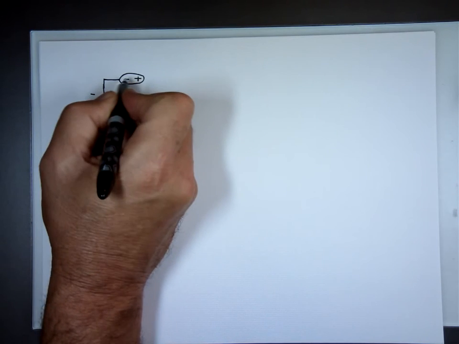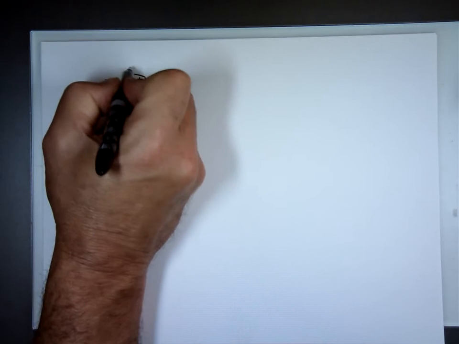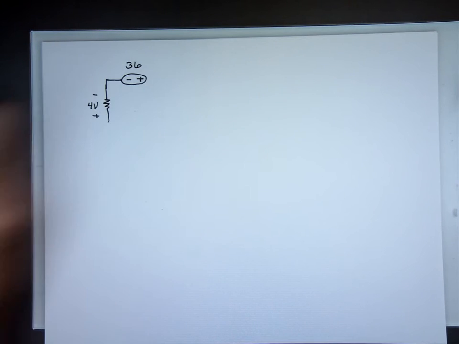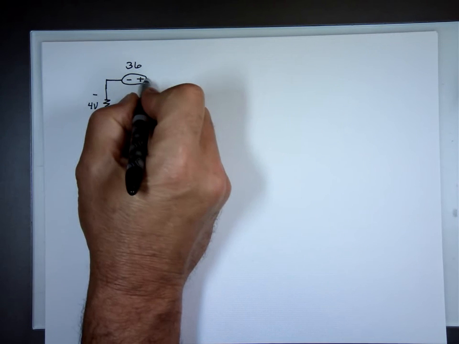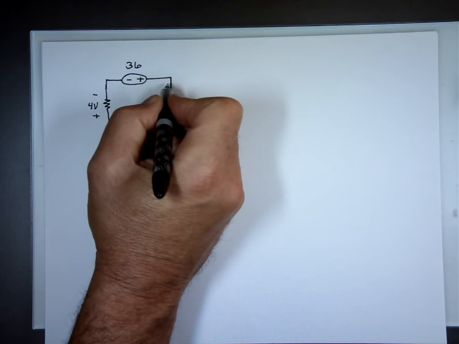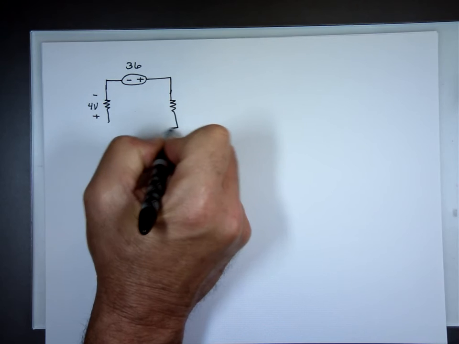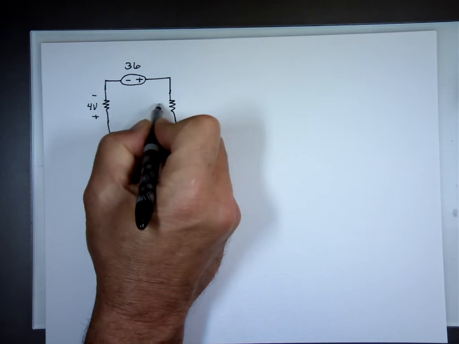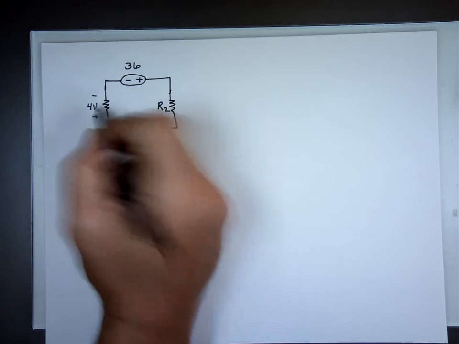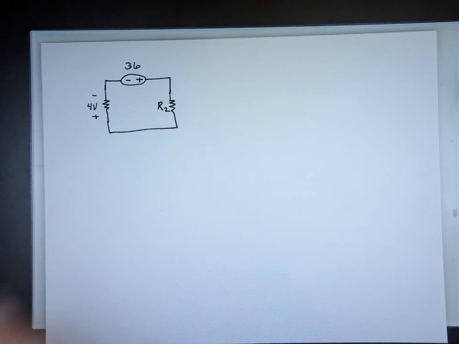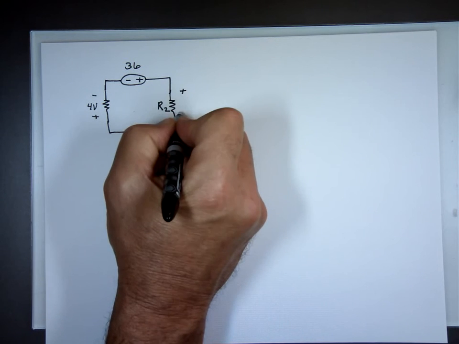Independent voltage source of 36 volts here. Can't tell what this value here, but let's call this resistor R sub 2, because that's 1 maybe. And let's call this voltage V2.